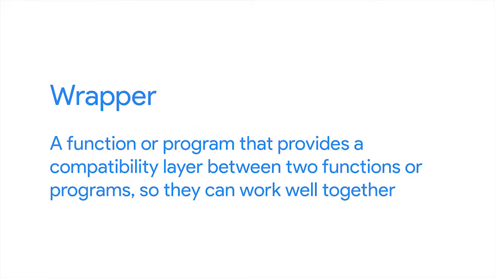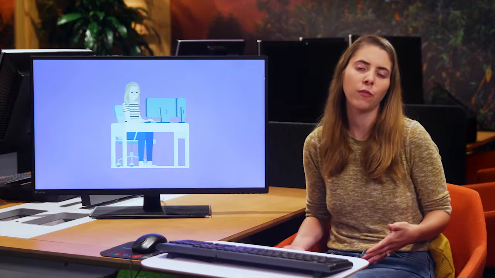This type of compatibility layer is called a wrapper. A wrapper is a function or program that provides a compatibility layer between two functions or programs so they can work well together. Using wrappers is a pretty common technique when the expected output and input formats don't match. So if you're faced with some sort of compatibility problem, don't be afraid to write a wrapper to work around it.